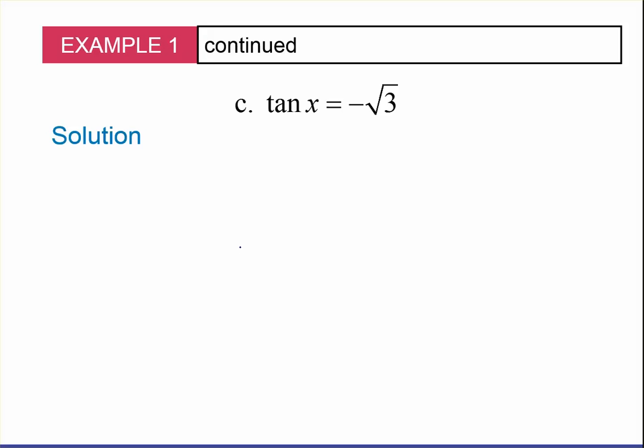For this solution, again, we're only looking from 0 to pi. The reason is that every pi, tangent starts repeating itself. So there's no point in looking at 2 pi because you have a repeat.